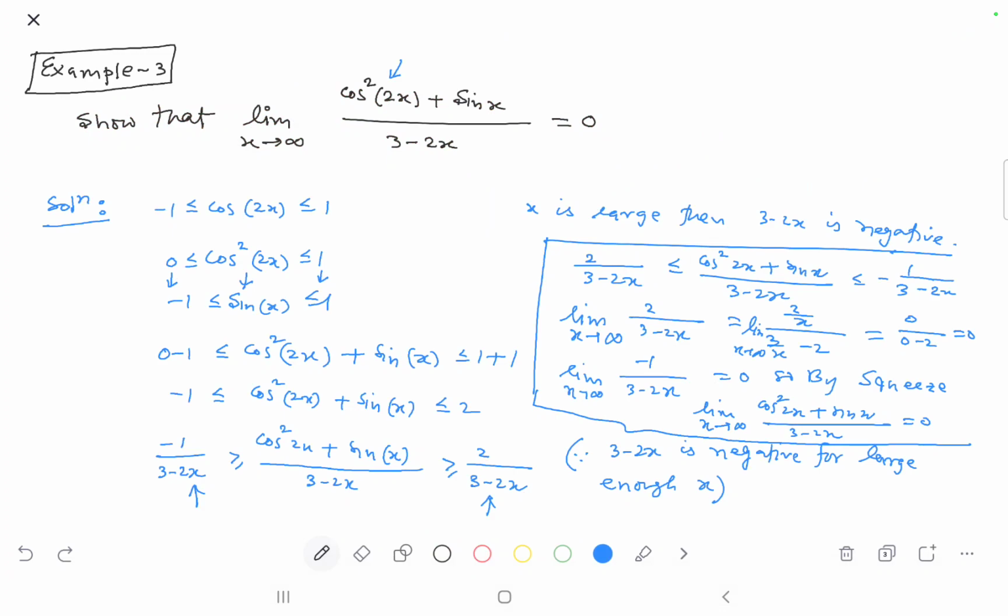So now we can start the next topic: the epsilon delta definition for a function of two variables, right?